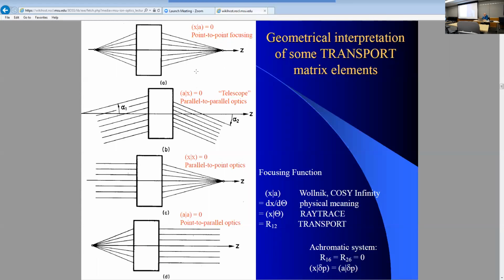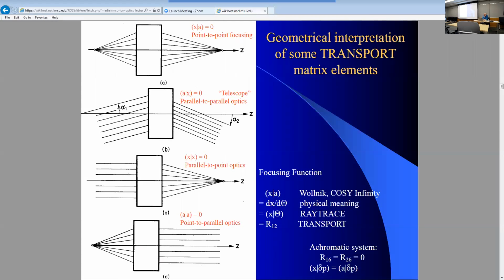Now let's change the other way around. So change x at the entrance and look at a at the exit. There's an example given where only x changes, no angle change. Here, a particular angle is just fixed.